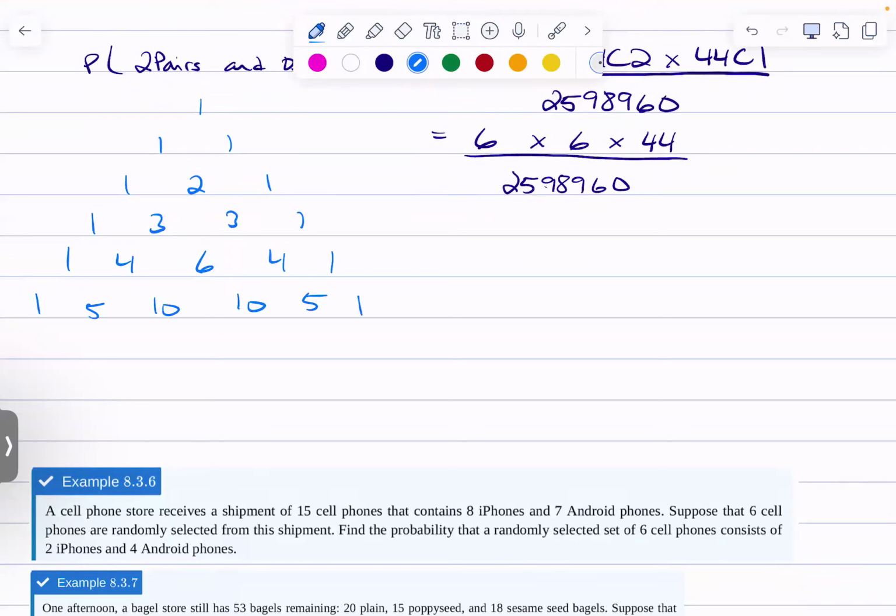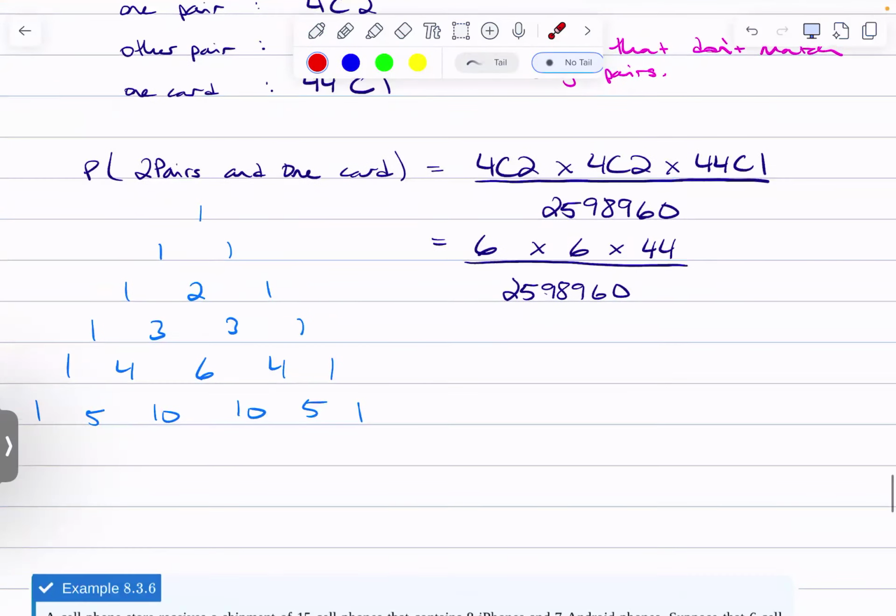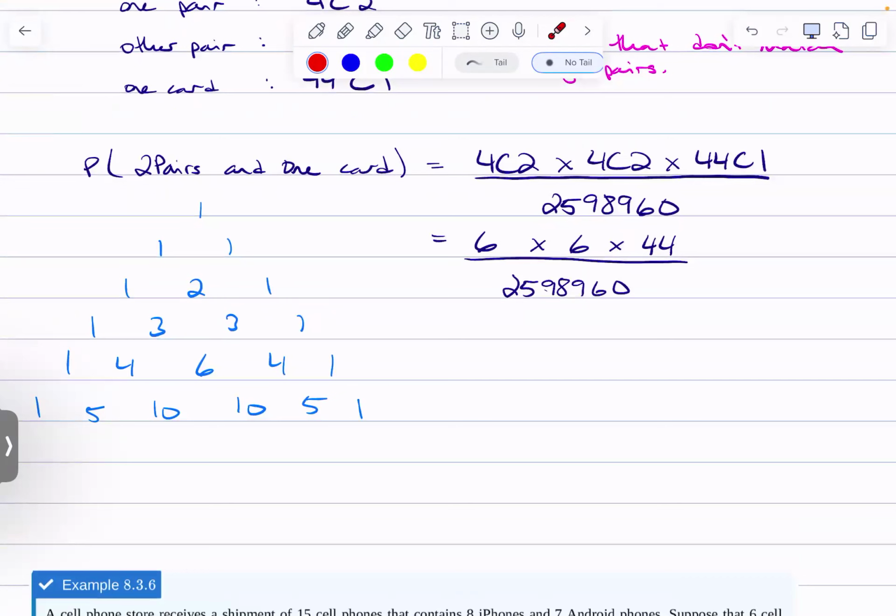No, it is this one. 4 choose 2. I just can't get there. Anyways, these are all the choose functions. Somehow. Oh, because 0 is an option. Okay, so 0 choose 1, choose 2, choose 3.